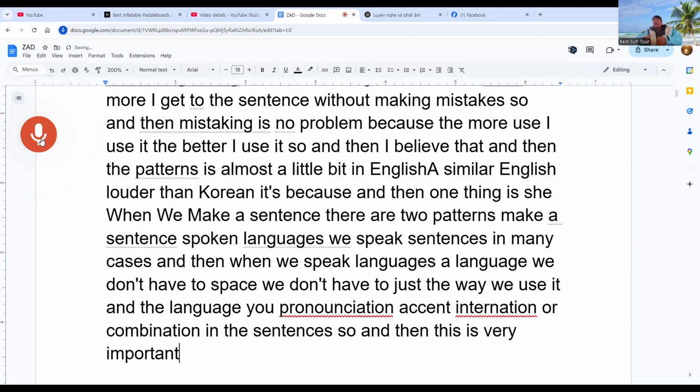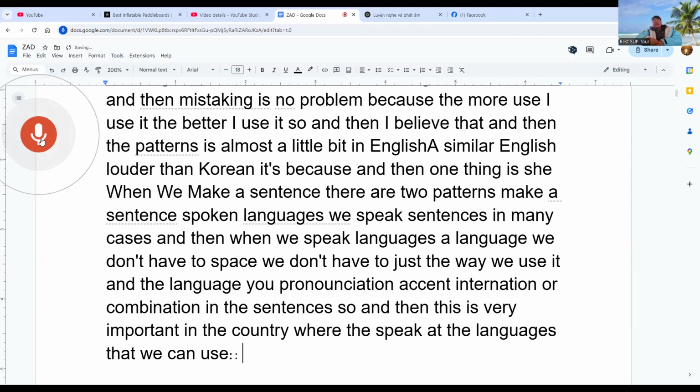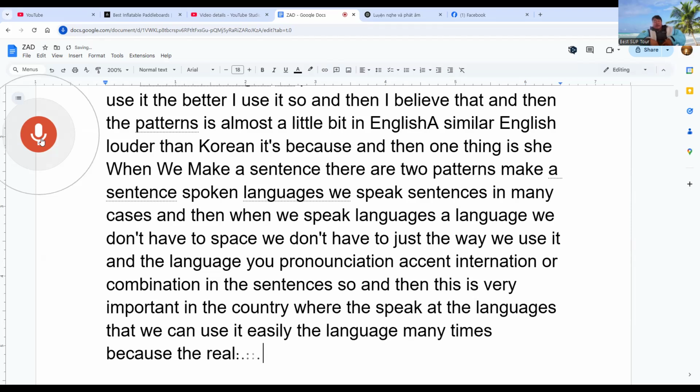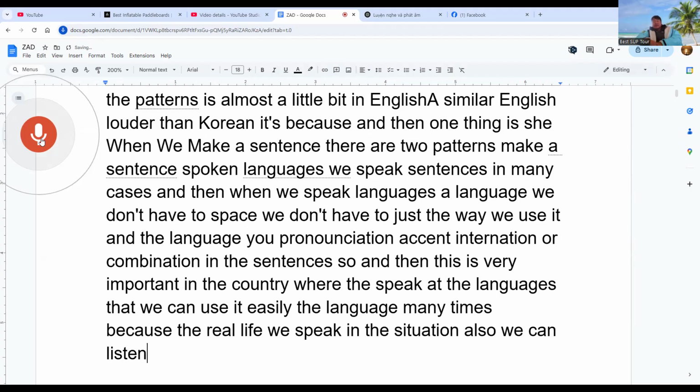If we live in a country where the language is spoken, we can use the language easily many times, because in real life we speak in situations. Also, we can listen a lot and build sentences much more easily.